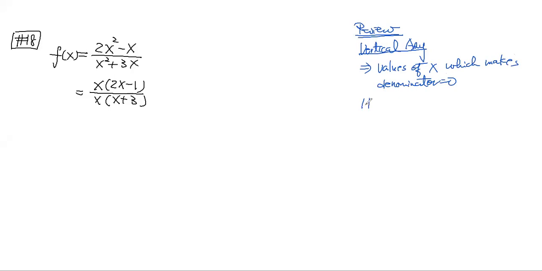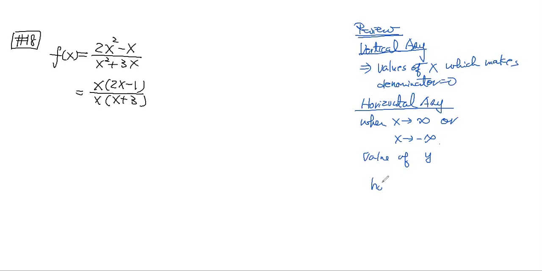Then the horizontal asymptote is when you take the limit, when x goes to infinity or x goes to negative infinity, and the value of your y.